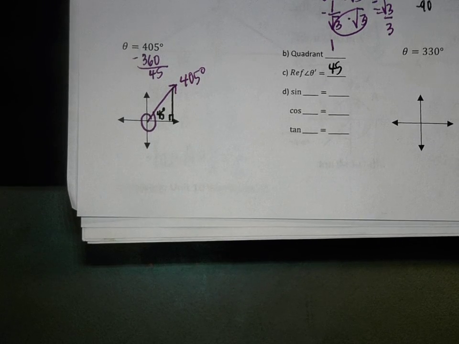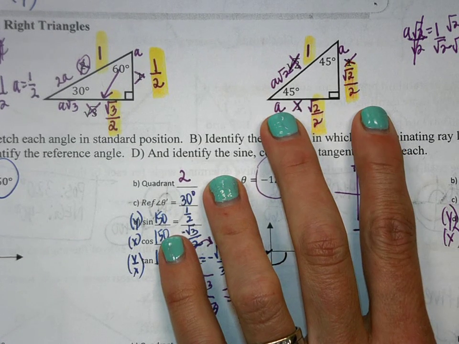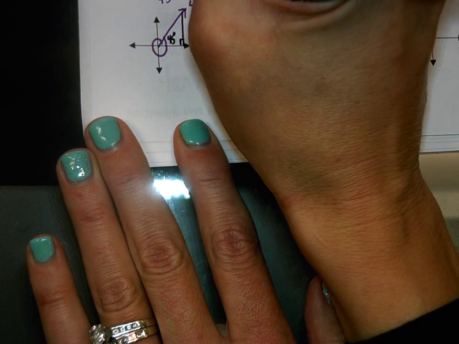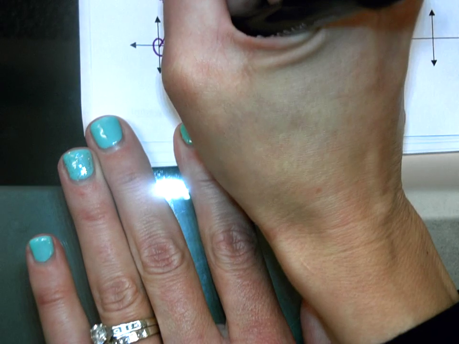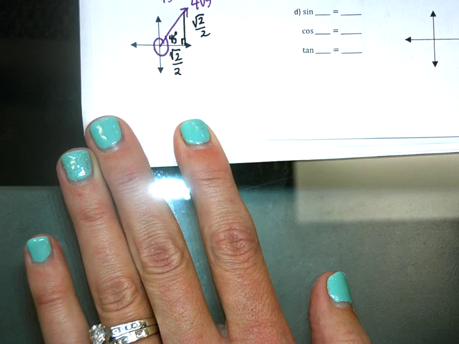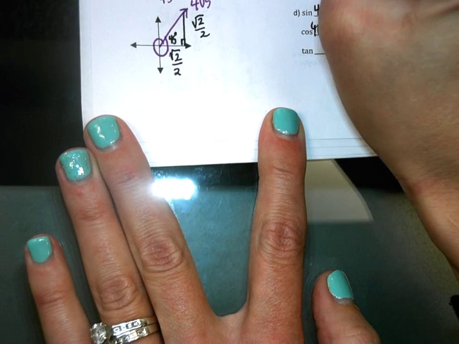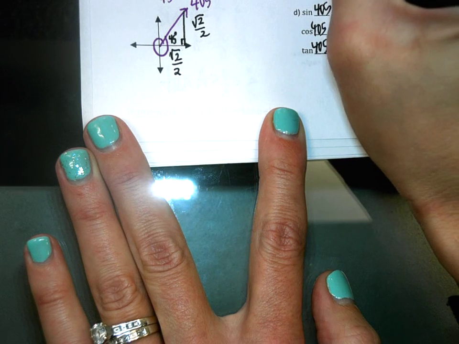So 45 degrees. If we go back to our special triangle here, what goes on each of the 45 sides? Root 2 over 2. So we have root 2 over 2 and root 2 over 2. Are any of those negative? No. Okay, so sine of 405, cosine of 405, tangent of 405 degrees.